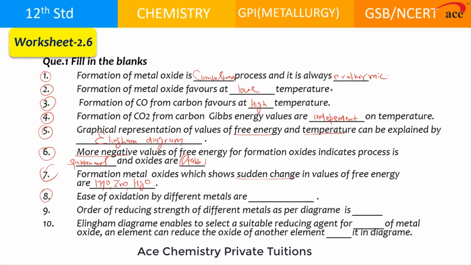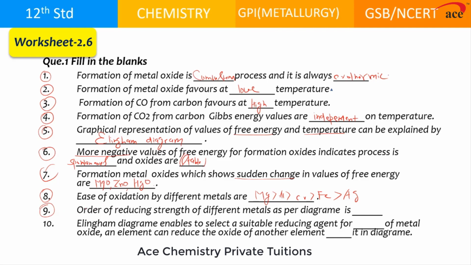So we have to select a metal which has the lower value of delta G naught. If you see the graph, the lowest position of the graph on the y-axis is what? Magnesium. Above it there is what? Aluminium. Then chromium, then iron, and the last you can see is what? Silver. So this is the ease of oxidation.